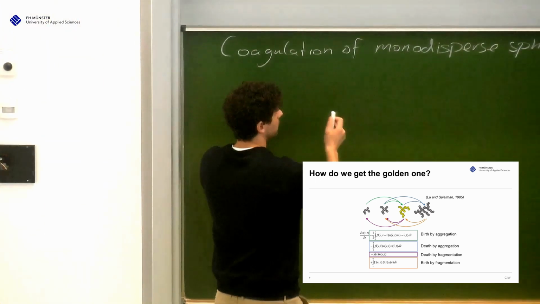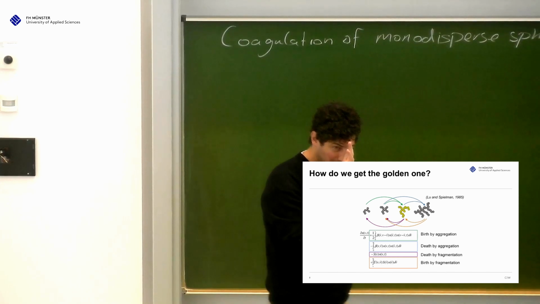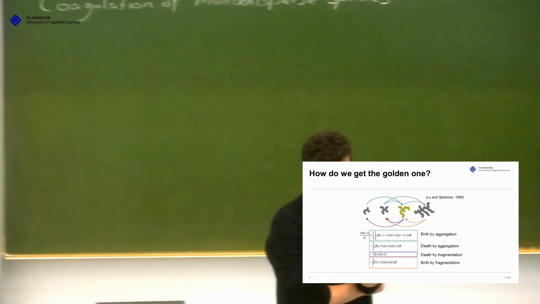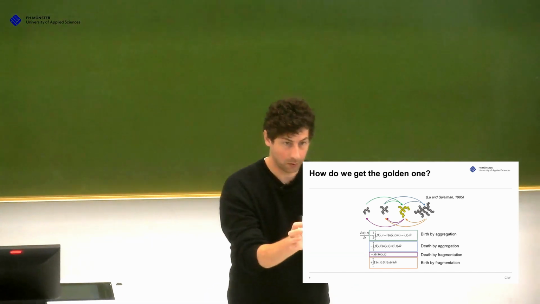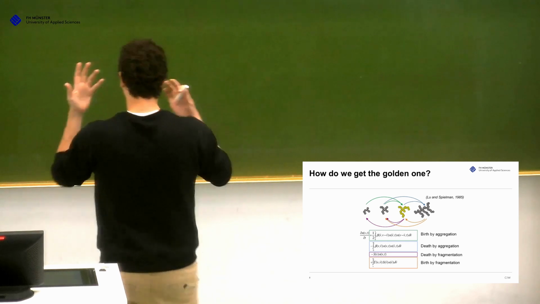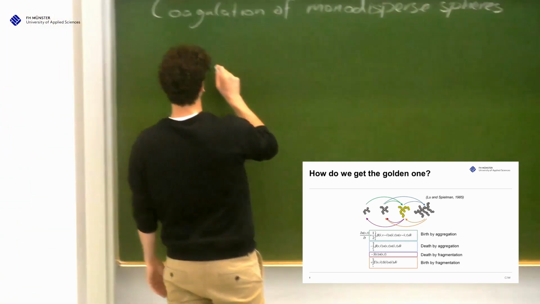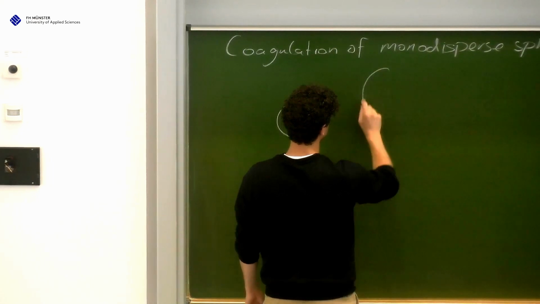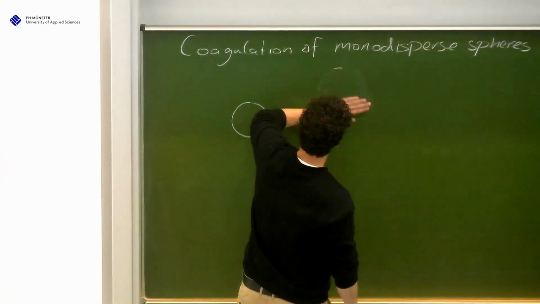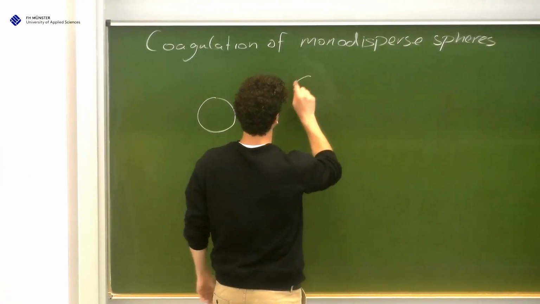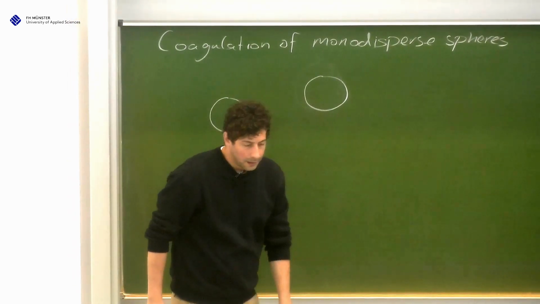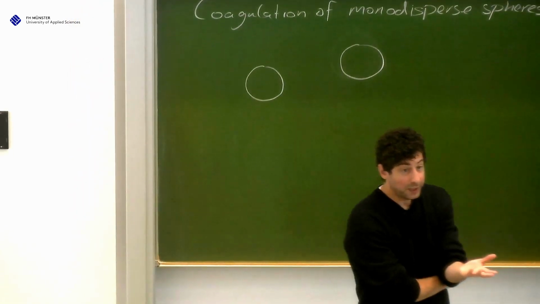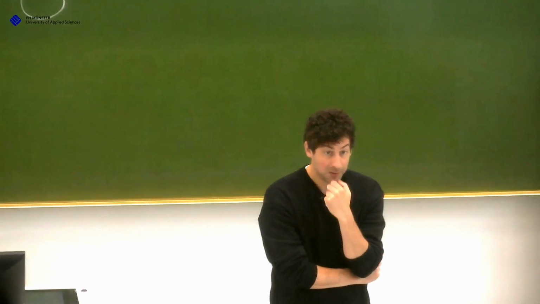And now we have to think, okay, the particles, they have to move because they have to meet somehow, right? And you know already the movement of nanoparticles is not very simple. We would need the Navier-Stokes equation to describe how these two move.